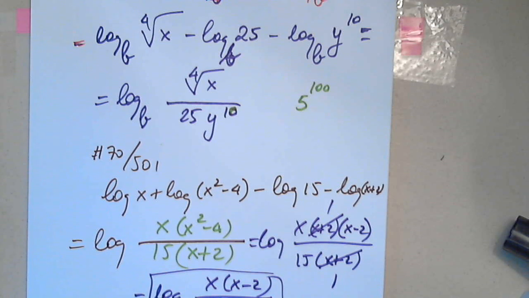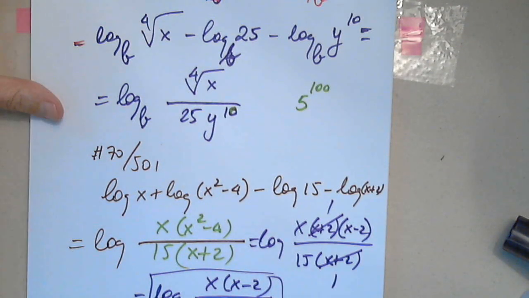So, are we moving on to 4.4? All right, very good. So, the last two sections of this chapter, one deals with exponential and log equations, and the last one with more applications.